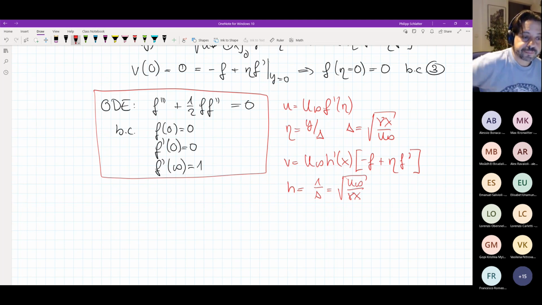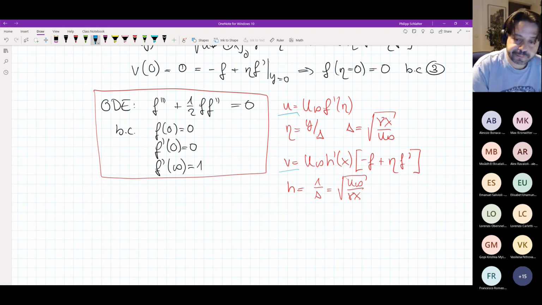So that means if we're now able to solve this equation, so we get a function f as a function of eta, and f prime and f double prime, we can then calculate based on that u and v. And of course, then I have my velocity field, and I'm very happy about that. And I can plot all my boundary layer profiles.